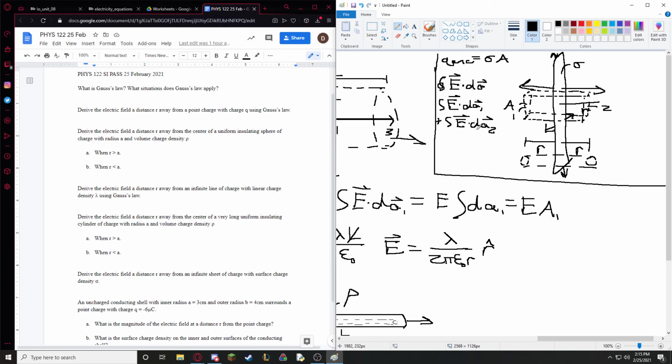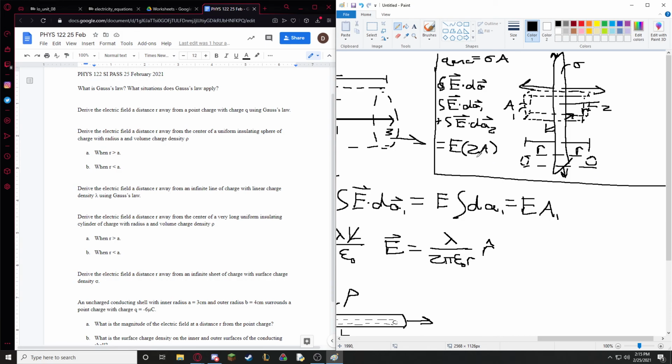Cosine in this case for both of them is 0. So then E dot dA is just E times dA. So this ends up being E times the integral of dA1 plus the integral of dA2, which the integral of dA is just the area. So we have A1 plus A2, which is just 2A, since A1 and A2 are both big A.